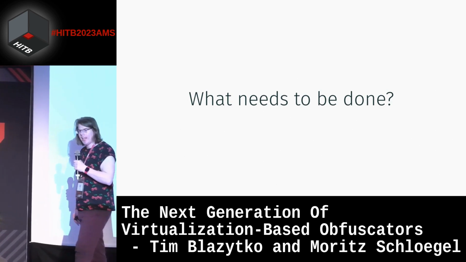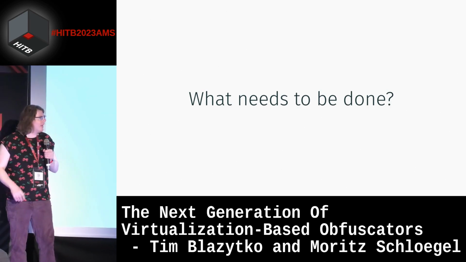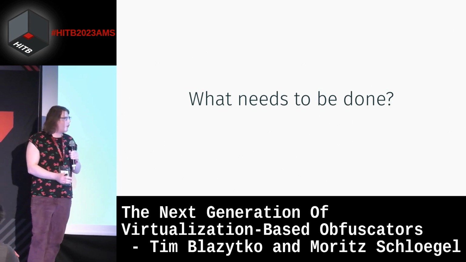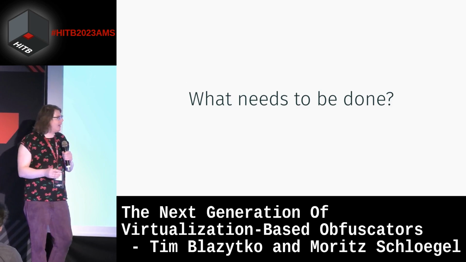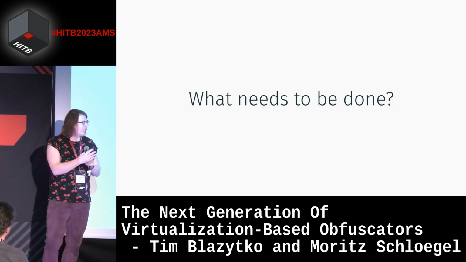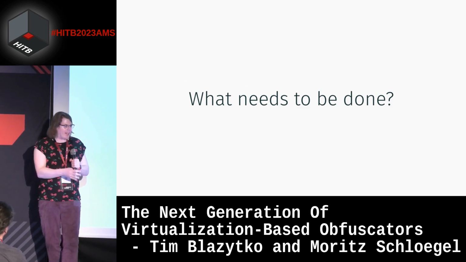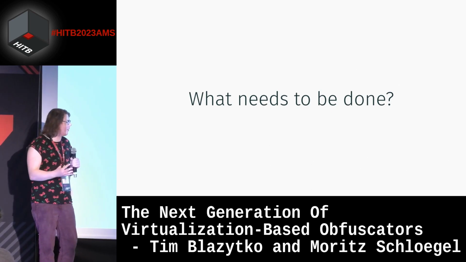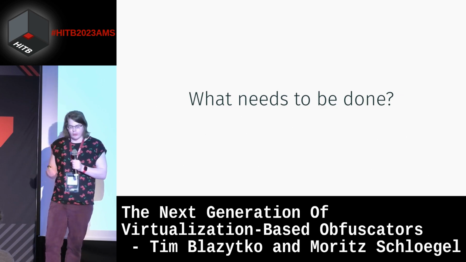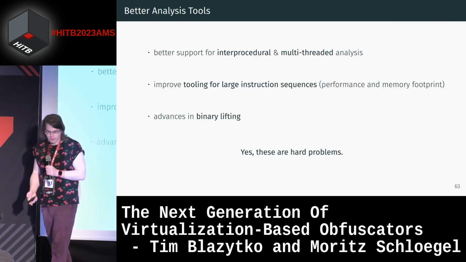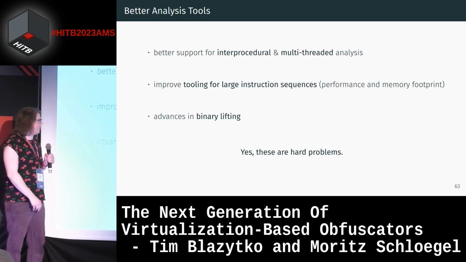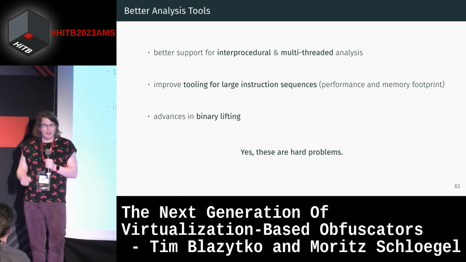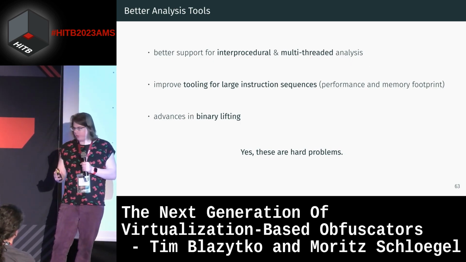So the question rises now, given the strengths of obfuscation and the limits of current deobfuscation approaches, what are the next steps in deobfuscation research from academia, but also on the practical side? So what needs to be done? And the first thing is we do need better analysis tools.